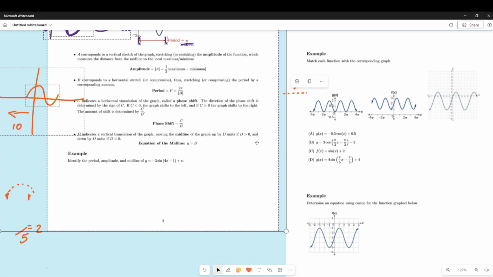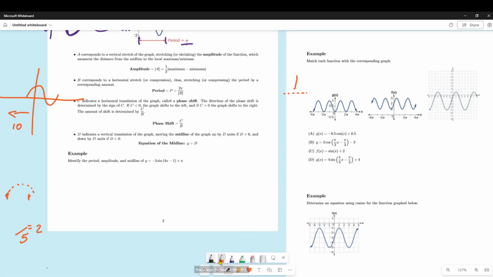So, given a particular function down here, one of the things you tend to want to do is identify all those pieces using your A, B, C, and D, essentially. So, again, our amplitude is the absolute value of that A value.